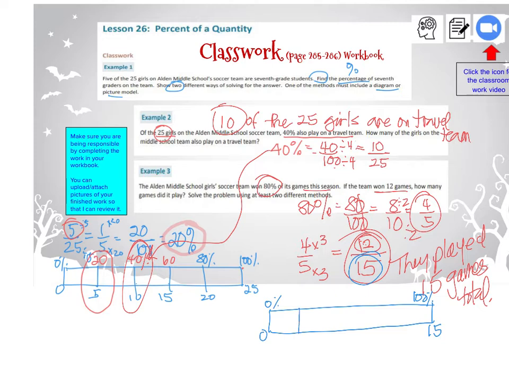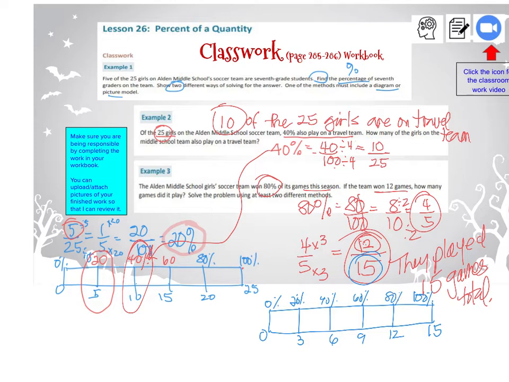3, 4, 5, 6, 7, 8, 9, 10, 11, 12, 3, 6, 9, 12, 15. Okay, so we've got block 5, 10, 15, 20, 25. So times my multiples of 5. Okay, and then above 20% and 40%, 60%, 80%.